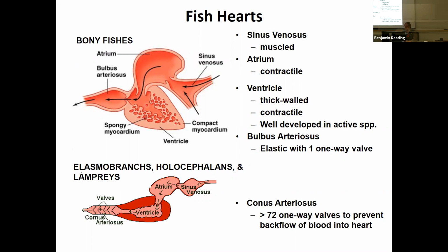blood into the ventricle. Now, when the blood is here, this is a very thick wall. You can sort of see all this spongy myocardium. This is heart muscle. And this is very muscular compared to the atrium and the sinus venosus. And when this thing contracts, it can generate a tremendous force.